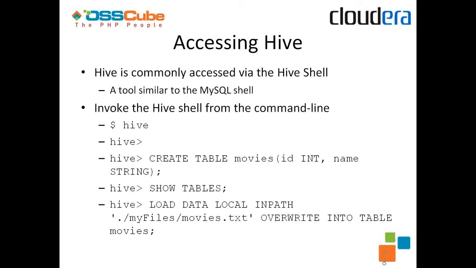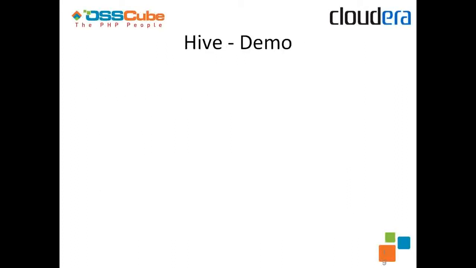It's a tool similar to MySQL's shell. If you work with the MySQL shell or Postgres shell, from the command line you type hive, and from there you can easily and quickly type your queries and run them. So I can briefly give a demo. I think that comes now.